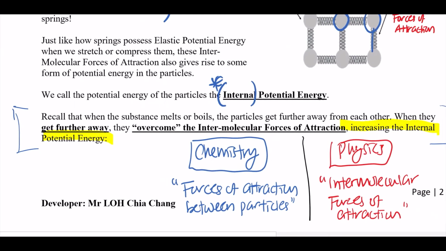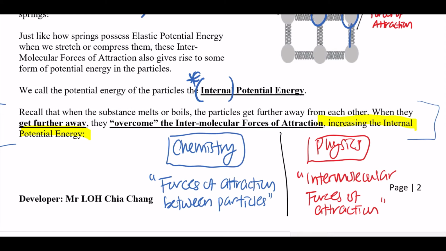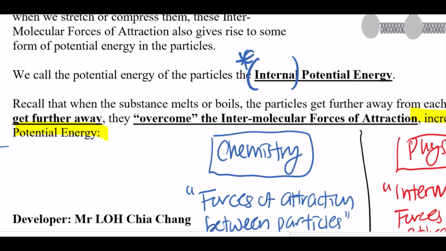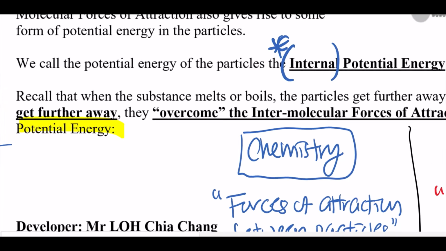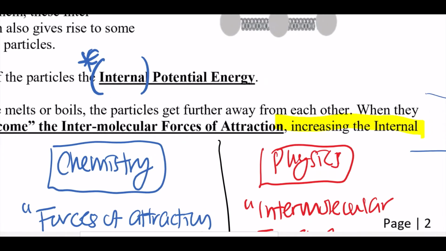So how does this internal potential energy actually change? Let's recall a little bit, back from chapter 7, when the substance melts or boils, when there's a change in state, the particles actually move away from each other.